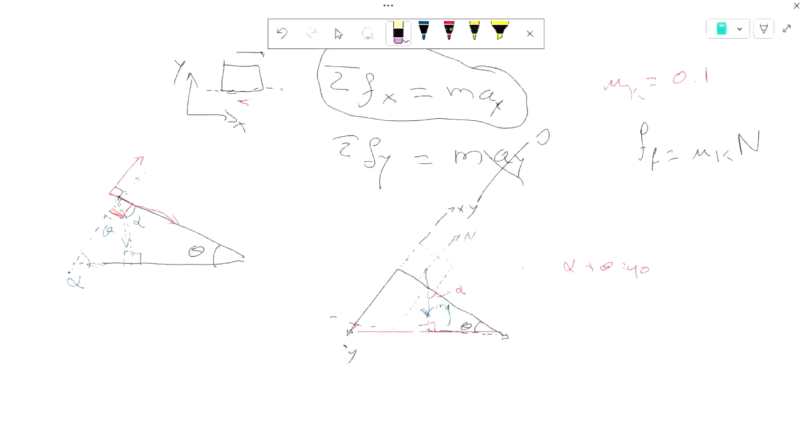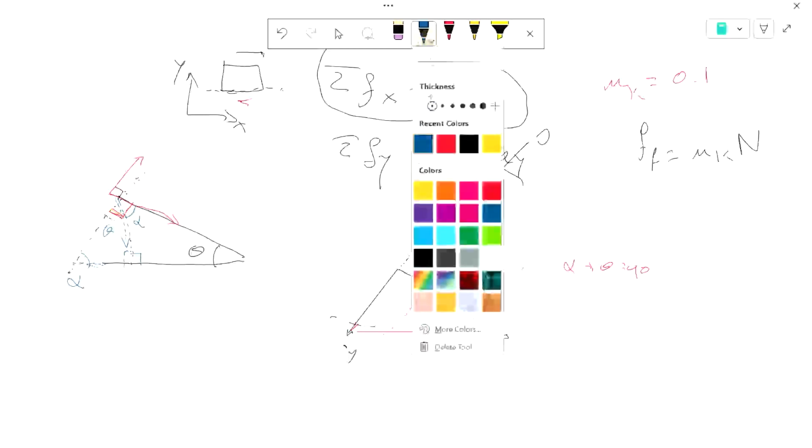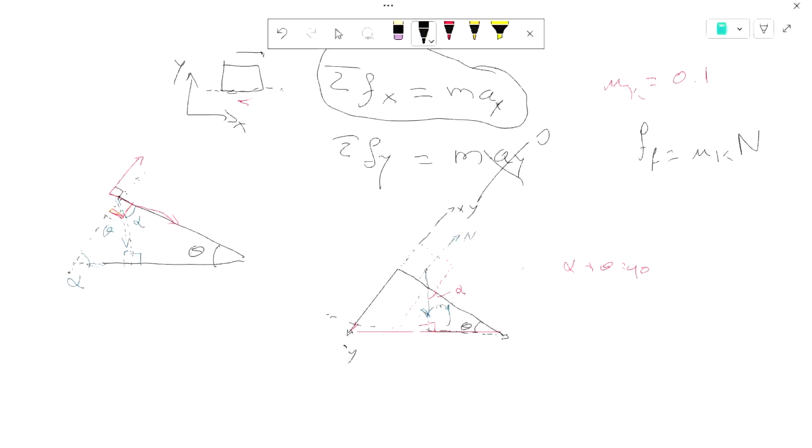Straight line, okay. And that part right here is going to be theta, and this part right here is going to be alpha. So that's why when you do your summation of forces in x and summation of forces in y, you need to use cosine of theta for your y and sine of theta for your x.